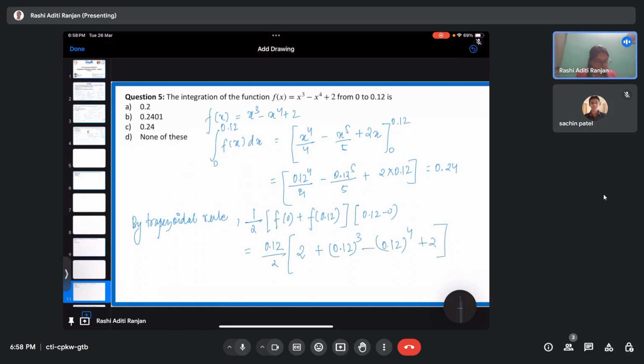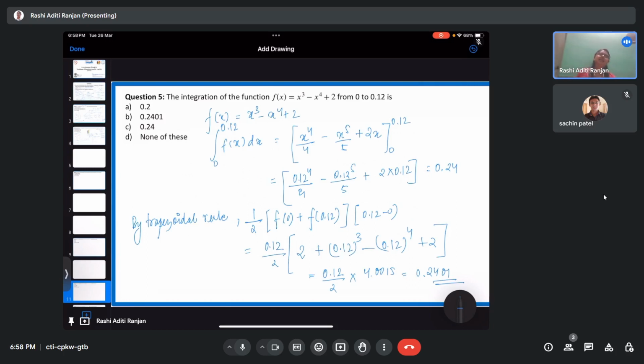So if you compute these values, the value comes out to be this. So you see that it is nearly equal to 0.24, however, there is a minor variation. So there is some error in the trapezoidal rule.